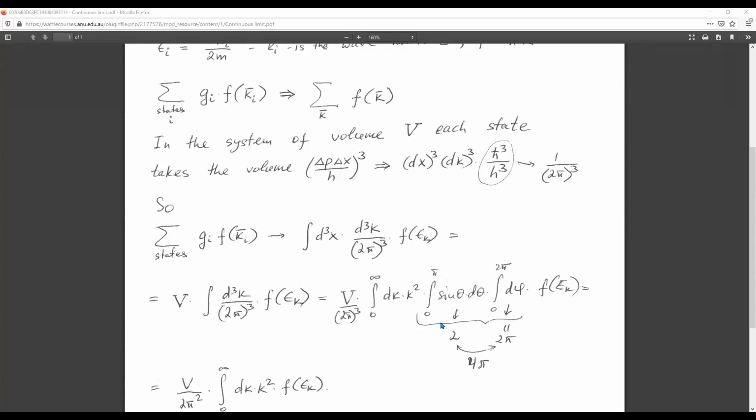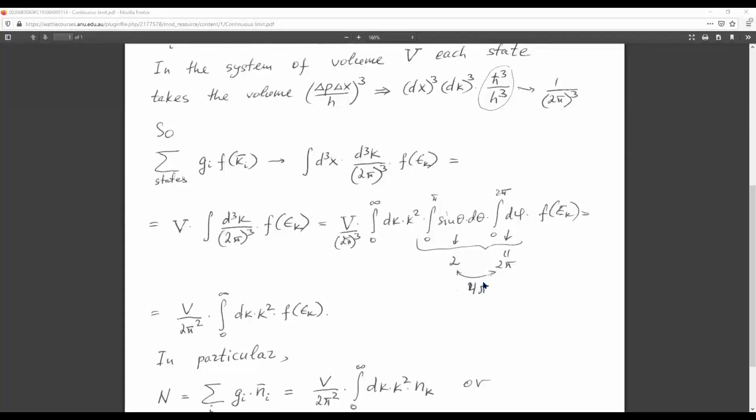And if we collect it all together, this 4 pi cancels the 4 pi here, and what we get is V over 2 pi squared times a one-dimensional integral over the absolute values of wave numbers.